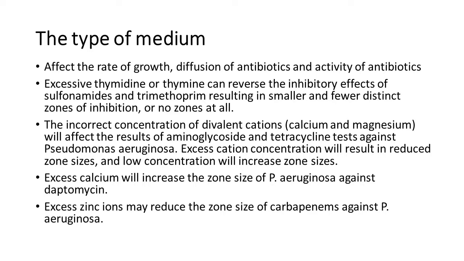So the concentration of the cation and the drug also affect the zone size. Some media contain substances that inhibit or determine the zone size. Another example, excessive zinc ion may reduce the zone size.